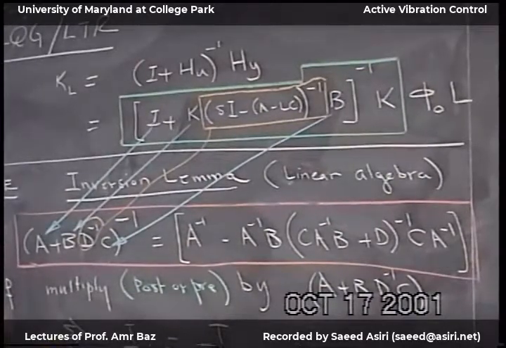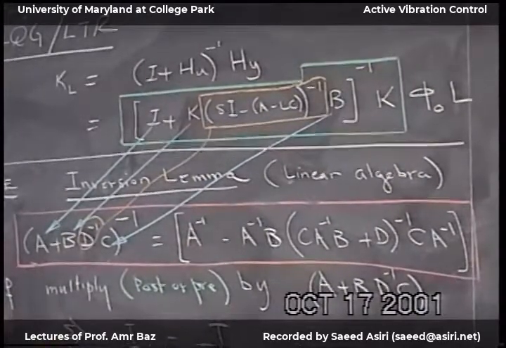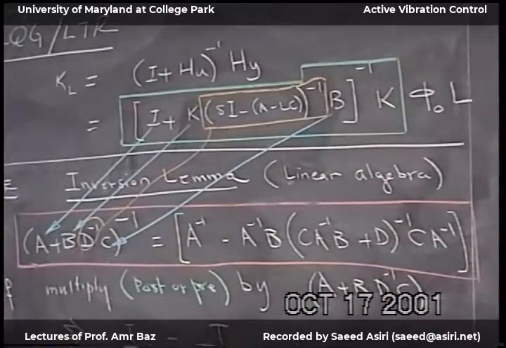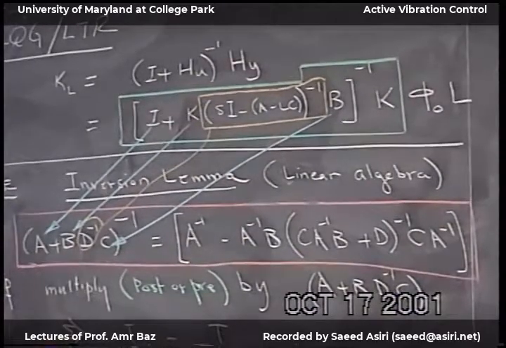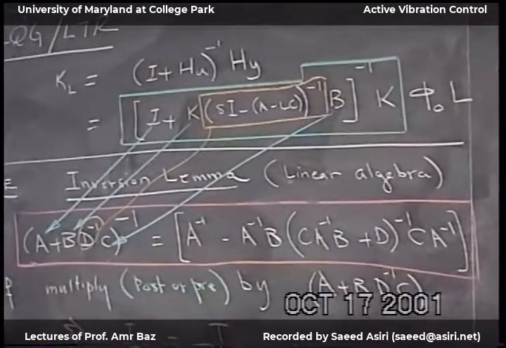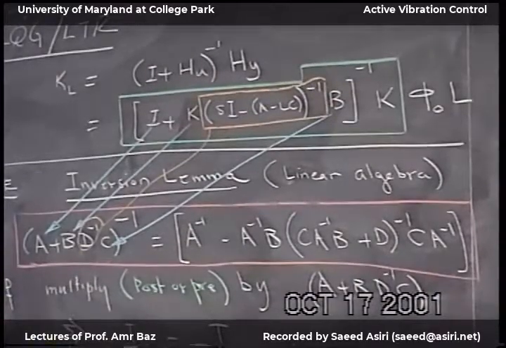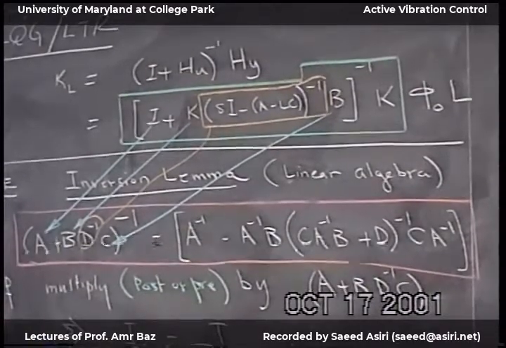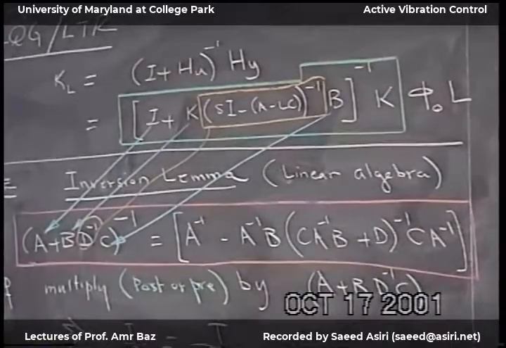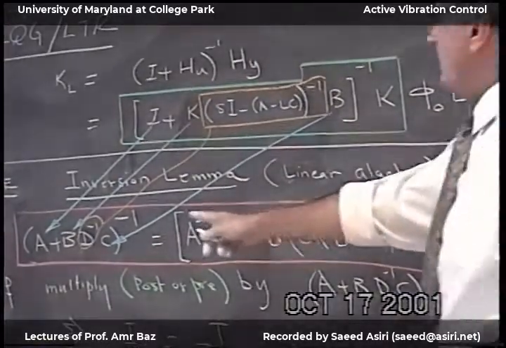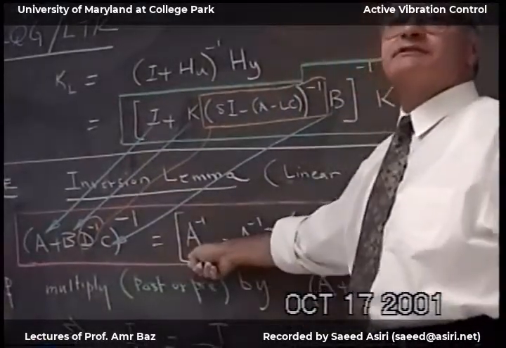Then now KL becomes equal to, I'll replace all these, so it ends up like this. The A is identity, so the A inverse is identity also.